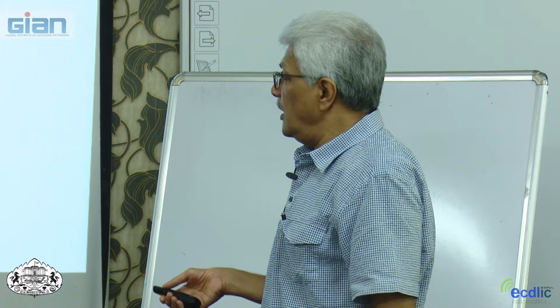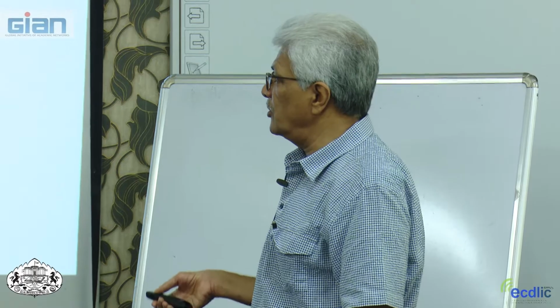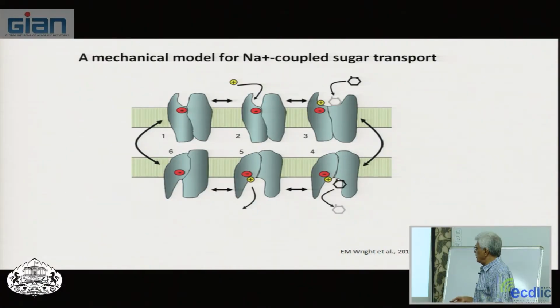And also, it is not clear whether under this condition the intracellular glucose will be able to bind, because as you said, there is no real free glucose available in the cytoplasm, because as soon as the glucose is released, it gets converted to glucose 6-phosphate. But if you inhibit the hexokinase, I'm sure you will accumulate it.